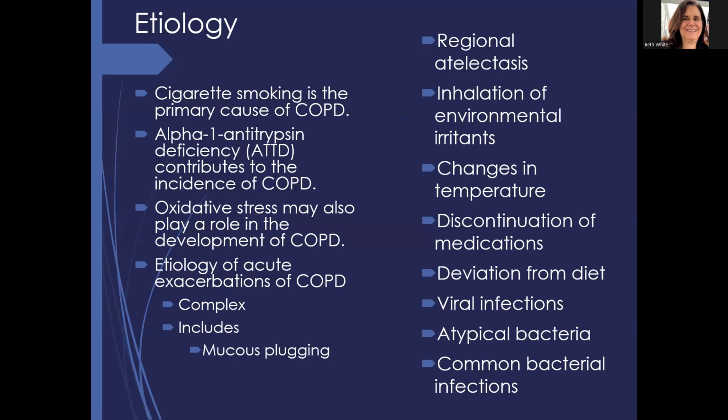When that enzyme is deficient, the body breaks down lung tissue. Alpha-1 antitrypsin is synthesized primarily by the liver and released into the bloodstream. These patients usually have never smoked. If they do smoke, in addition to alpha-1 antitrypsin deficiency, it greatly increases the severity of their chronic obstructive pulmonary disease.